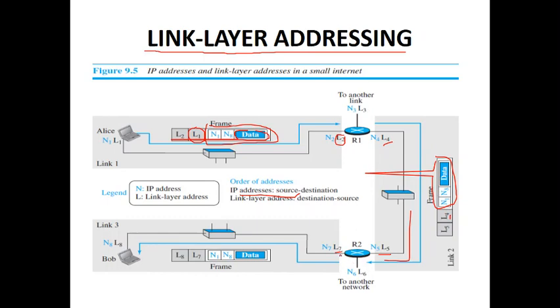L7, so L7 is the sender link layer address, and Bob's system is connected to L8, so L8 will be the receiver link layer address. Now I will be changing the content of this header from L5, L4 to L8, L7. Here L8 is the receiver's link layer address and L7 is the sender link layer address.